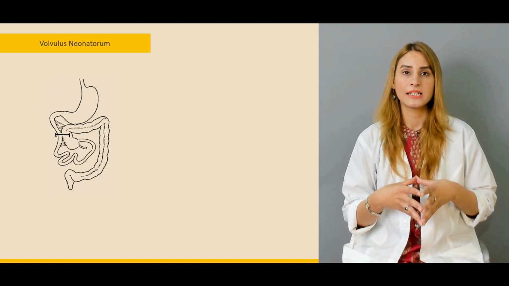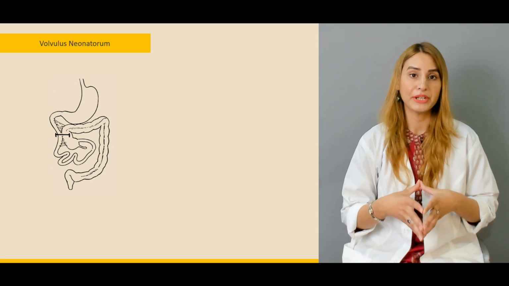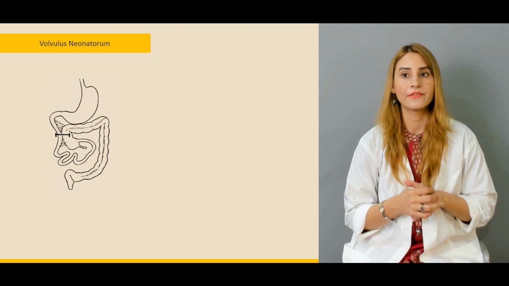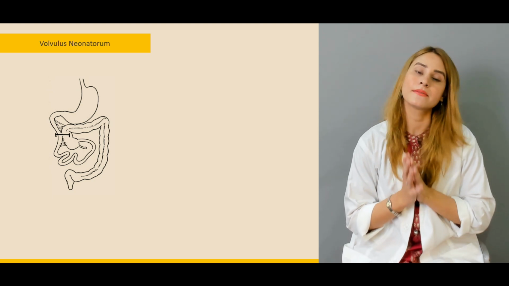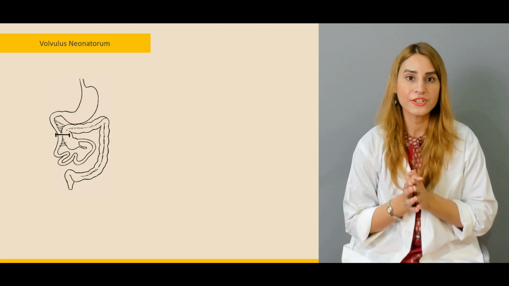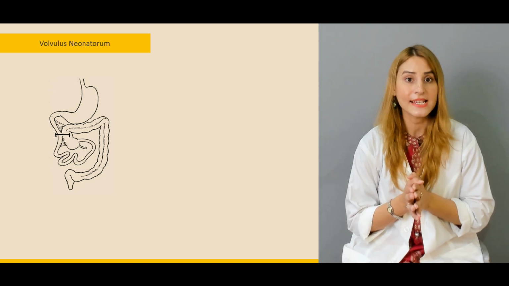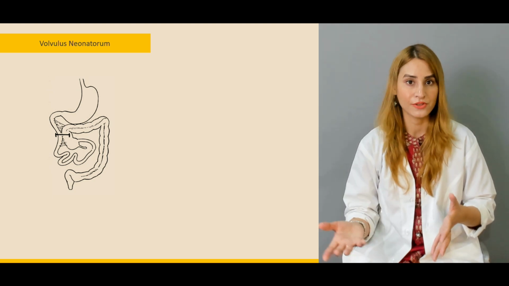So we know that in the 6th week of the embryological period, there's a rotation of the midgut, right? But what happens is that in a few children, this rotation doesn't take place, and that particular entity is called malrotation of the gut.